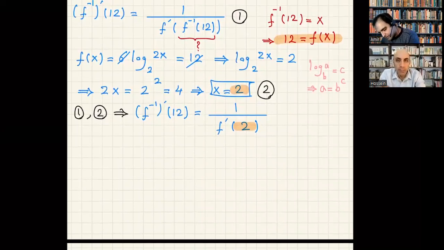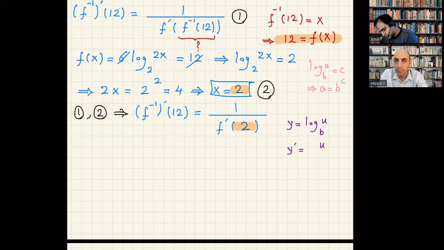So on the side, I'm going to write: when you have y is equal to log of u, which is a function in terms of x, with the base of b, b is constant.